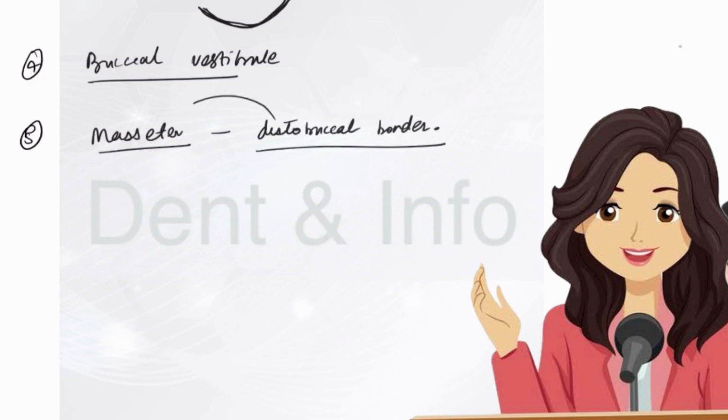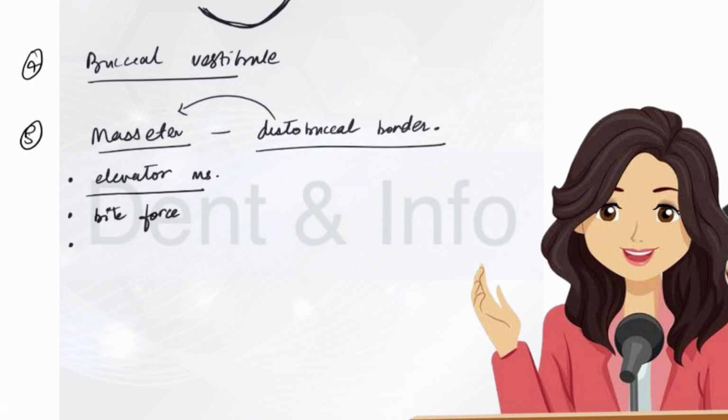So distobuccal border is largely influenced by masseter, which is this muscle here. It's a muscle of mastication. You know the origin and insertion, very nicely explained by Sir in anatomy. So this distobuccal region is affected by an elevator muscle. Masseter is an elevator muscle of mastication, and it is mainly responsible for generating bite force during mastication.